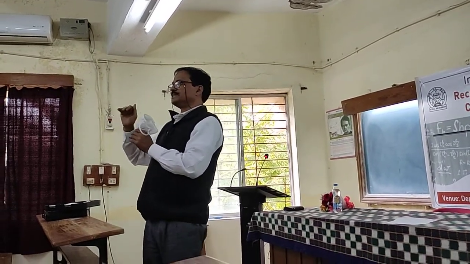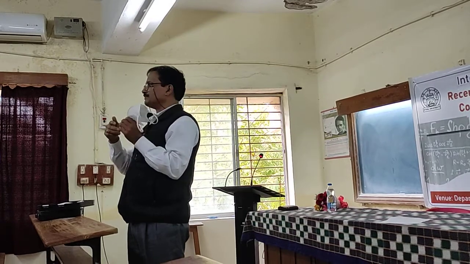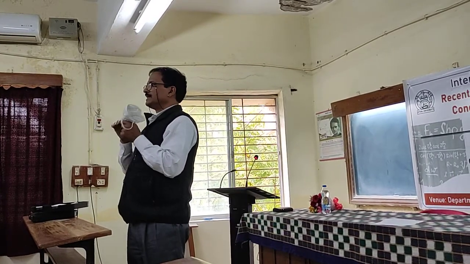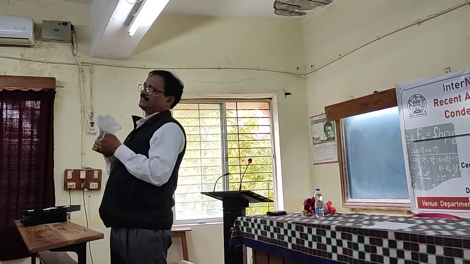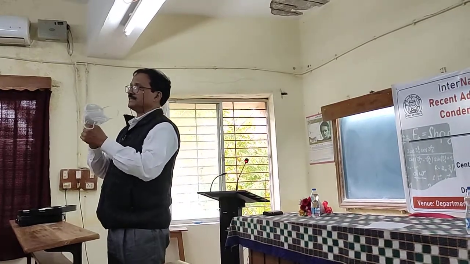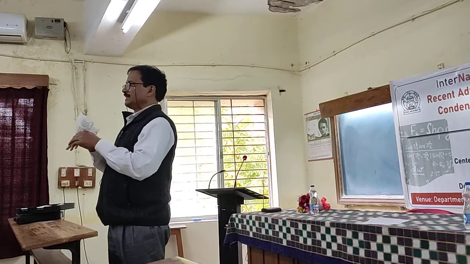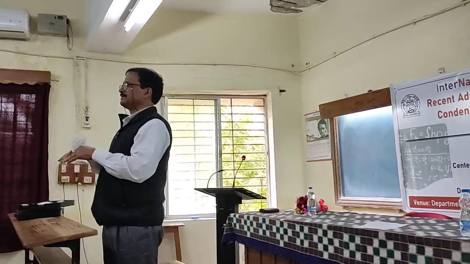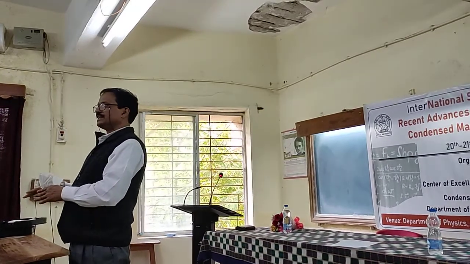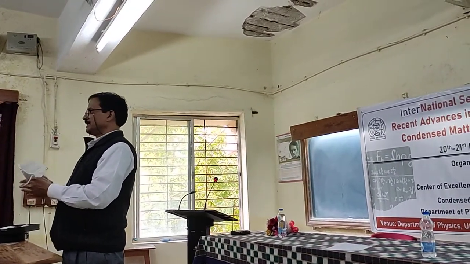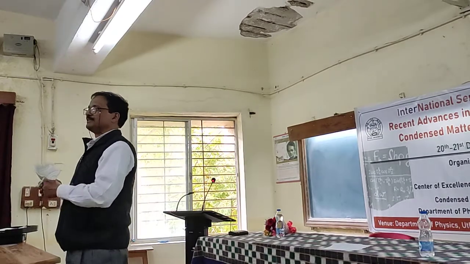At finite temperature or finite density, in thermodynamics, it is not the energy but the thermodynamic potential, sometimes called the free energy. You compare, and whichever has lower free energy or lower thermodynamic potential, this is given by Gibbs, is the preferred phase.